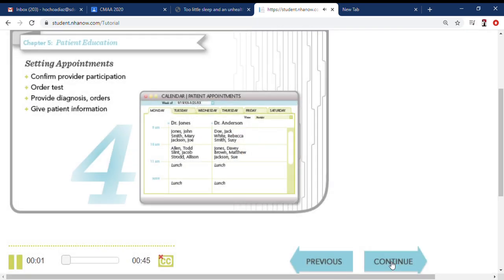Number 4, confirm that the diagnostic facility is a participating provider with the patient's insurance company. Then call the facility and schedule the patient's procedure or test. Remember to follow these steps.